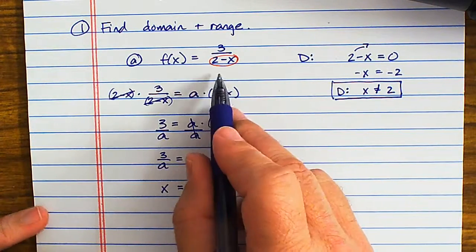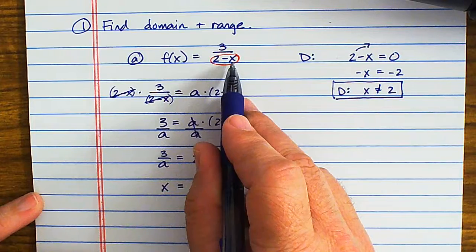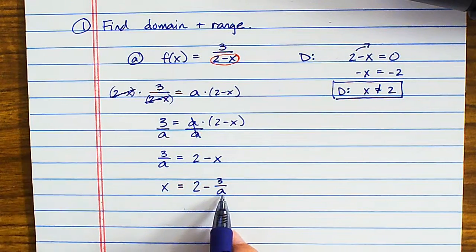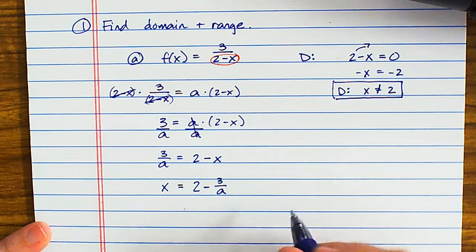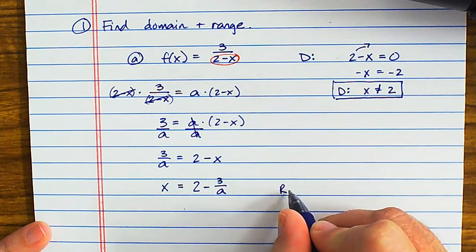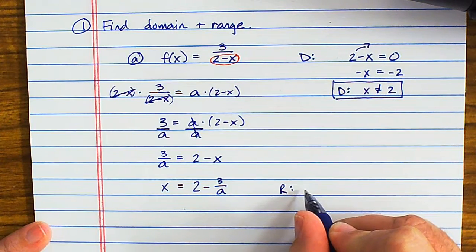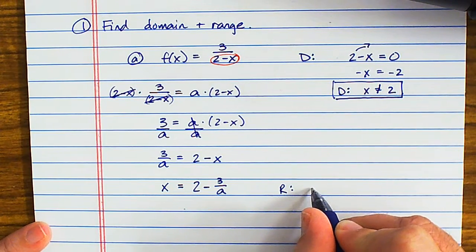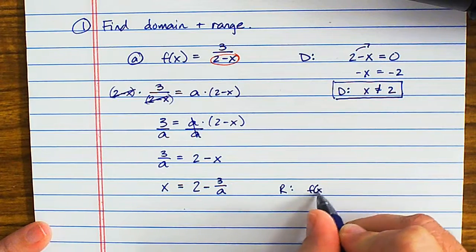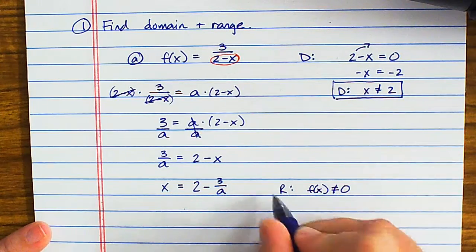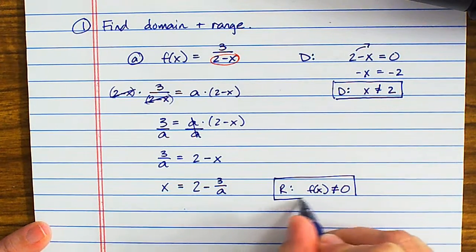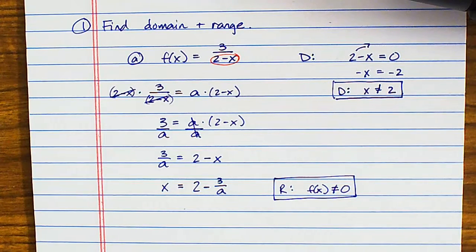And now, just like I looked up here at the denominator of x, now I'm going to look at my a. And what can a not be? A cannot be 0, which means that my range is that f of x, otherwise known as y, cannot equal 0. So domain cannot equal 2 and range cannot equal 0.